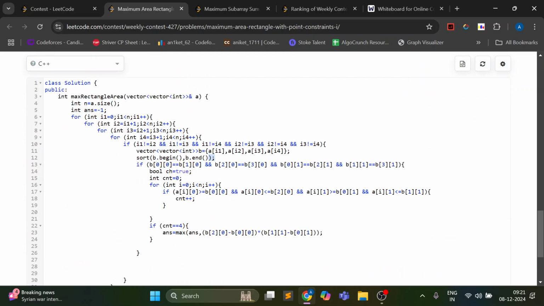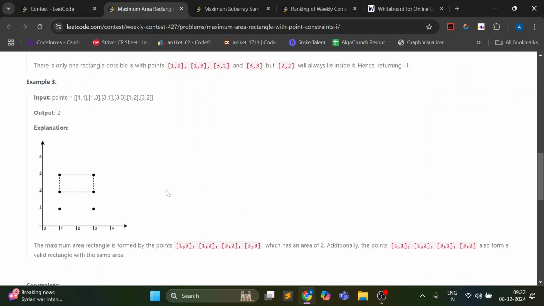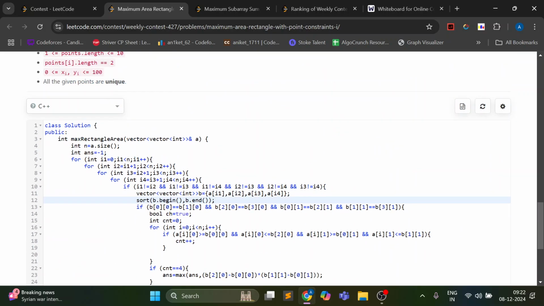By sorting it, I would find those 2 points on the first 2 indices, and the other 2 points would be present on the next 2 indices. So basically, to simplify my ordering of these 4 points, I'm sorting it.